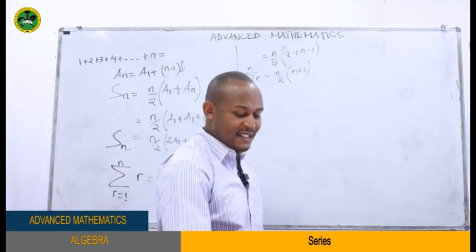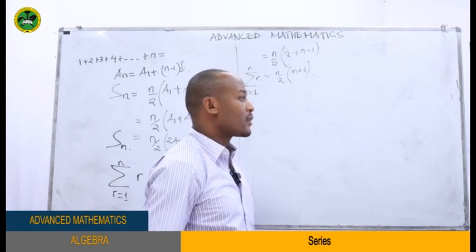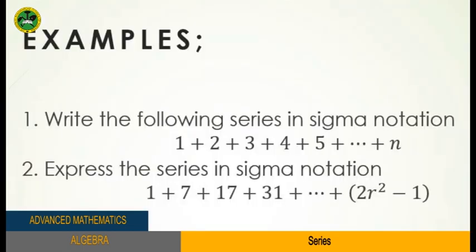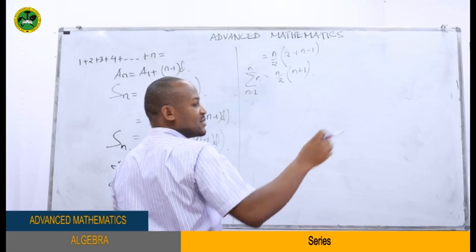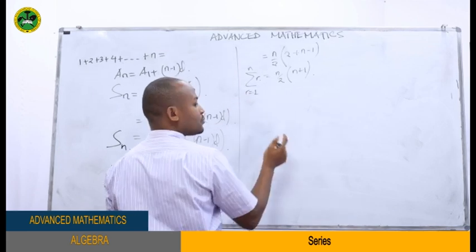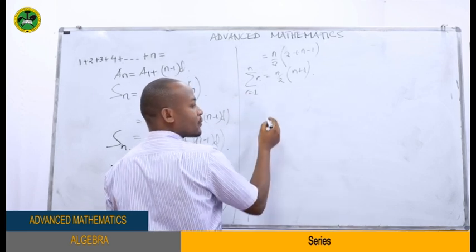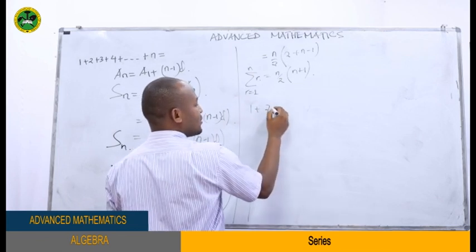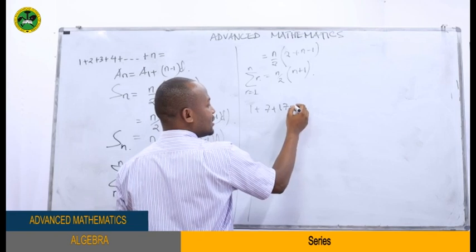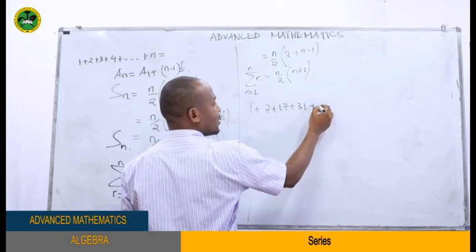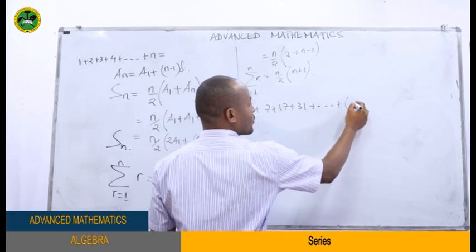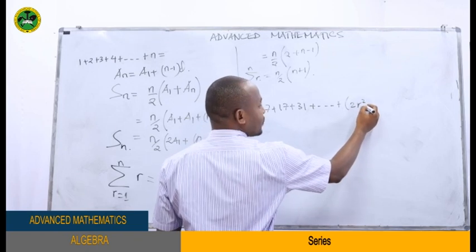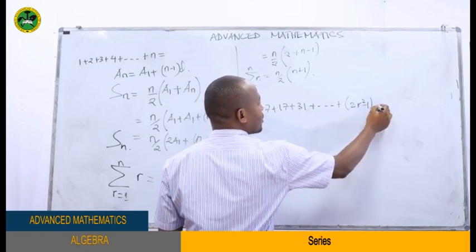Now let's see the second example. The second example tells us to express in sigma notation 1 plus 7 plus 17 plus 31 plus down to 2r square minus 1.